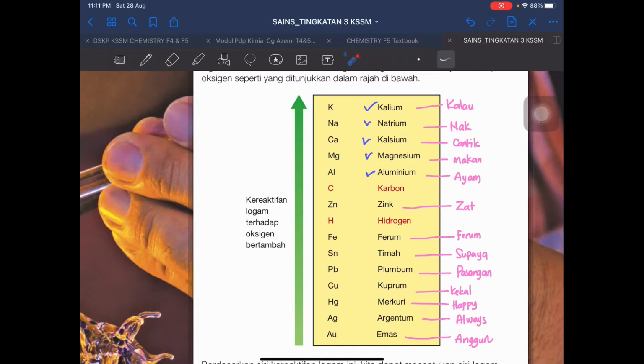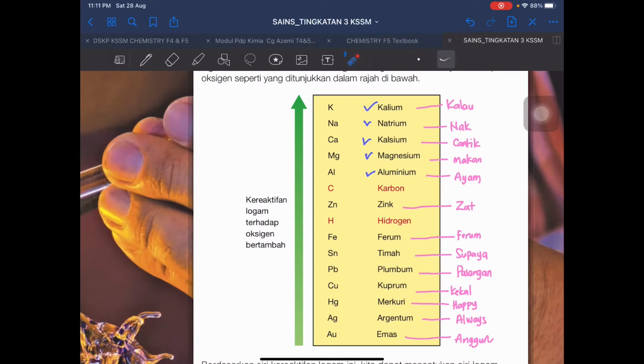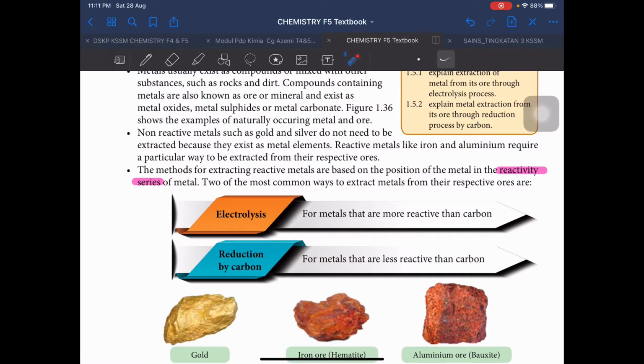If you use aluminium and magnesium, found di dalam kerak bumi yang sudah bercampur dengan dia punya bijinya, contohnya adalah bauxite, iaitu aluminium oxide atau aluminium ore, if you want to extract it, keluarkan dia daripada bijinya, since dia di atas carbon, so apa cara yang kita guna adalah we use electrolysis.